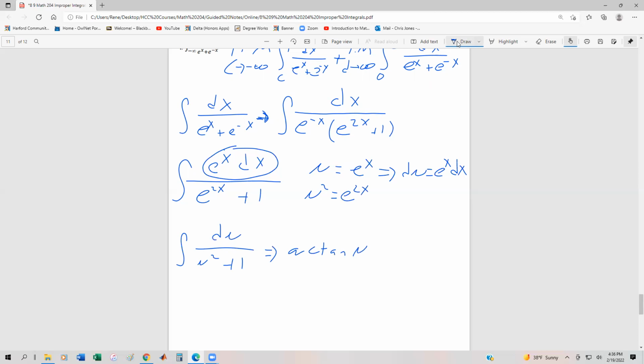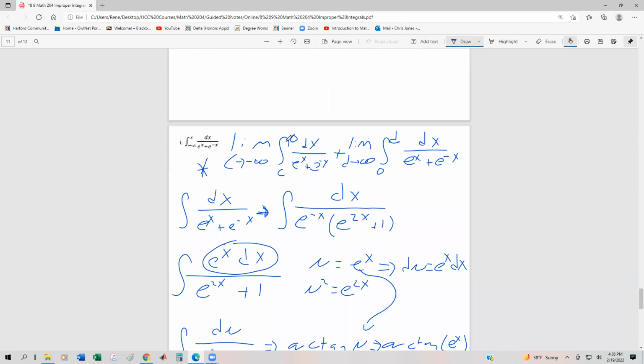But we don't want just arctan u, and of course it's arctan u plus c if it's indefinite, but remember we have to go back up here and do the definite stuff. So this is going to be arctan of e to the x, since u was e to the x. We're going to substitute that back in for this integral as well as this integral.